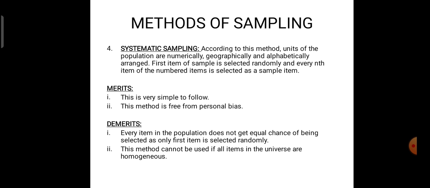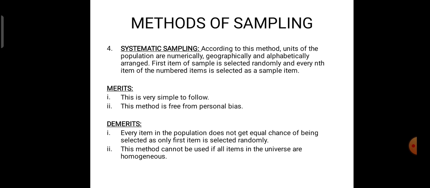For example, if we randomly select the fourth item, then we will select the next item at equal interval from the fourth item. That is, the fourth item is the fourth number of the entire universe. Now the next item that we will select in our sample will be the eighth item, that will be four numbers from the first item. Now the next one will be the 12th item.